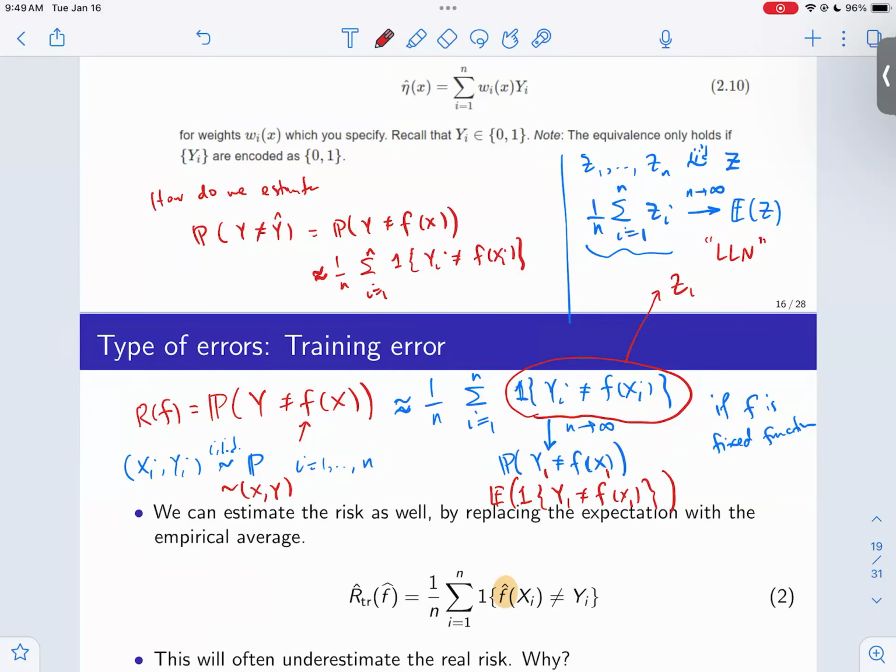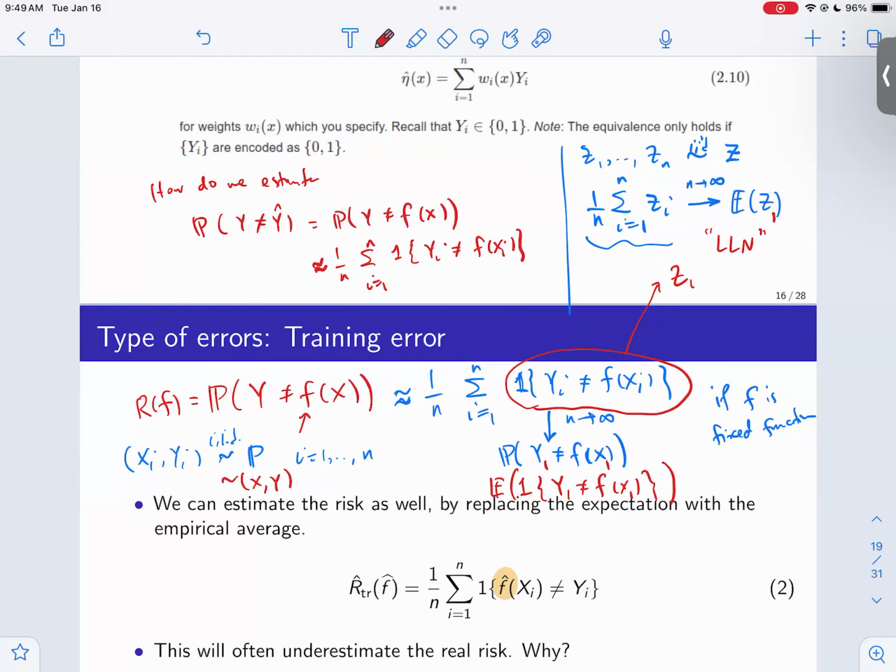So you can say this converges to the expectation of Z1. Let's do it this way. The pair x1, y1 is just a generic sample.